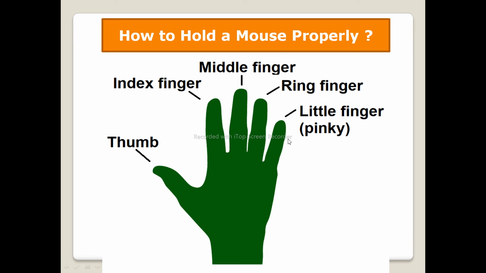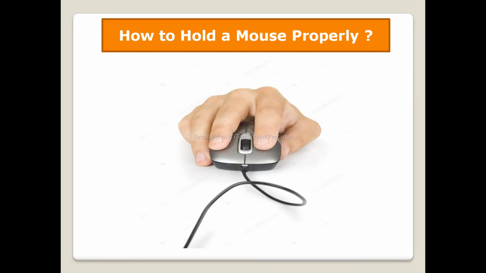Again I am repeating: thumb, index finger, middle finger, ring finger, little or pinky finger. So now, using our palm, we can hold the mouse like this. Look at the picture carefully. This is given in your book also, page number 25. You can go through it once.